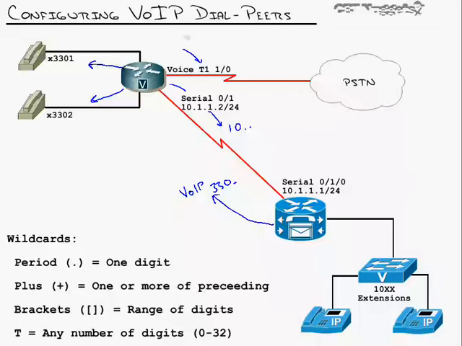But ironically, it is in the scope of the exam to set up the dial peers to connect to the PSTN using that digital voice port. That's a little wacky for me. So I'd like to go a little outside the scope and show you the configuration of this voice port and these dial peers. It'll give you a broader scope, but keep in mind that you won't see some of this configuration on the exam.